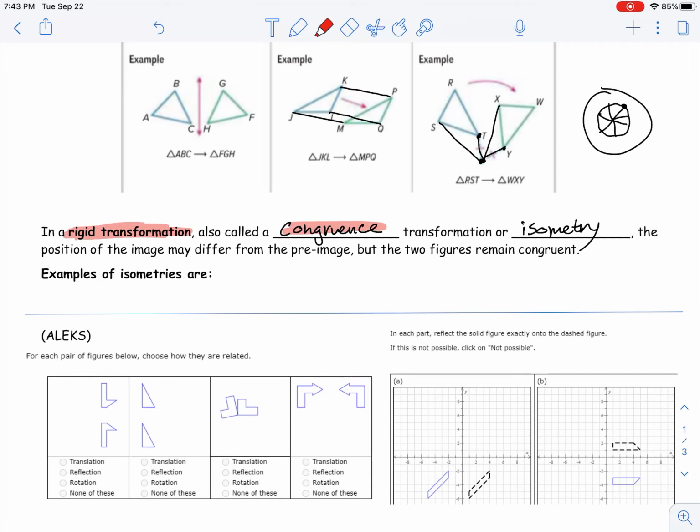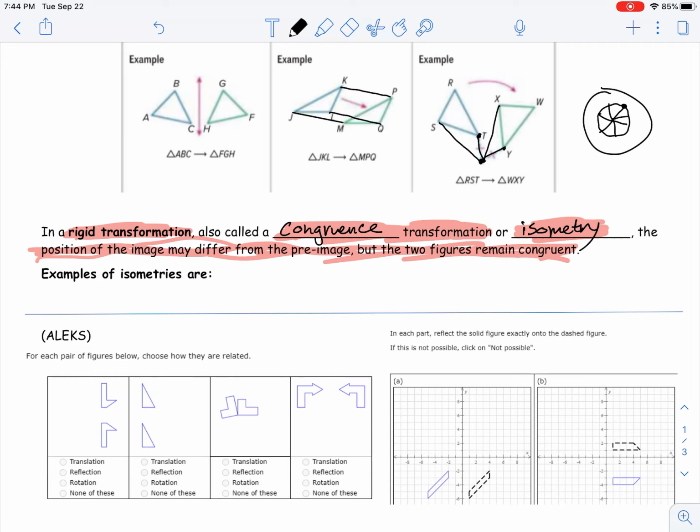Okay, so these three, you'll see those vocab words around, but they all have the same definition. Basically what that means is the position may differ from the pre-image, but the two figures remain congruent. Basically, it doesn't get any bigger or smaller.